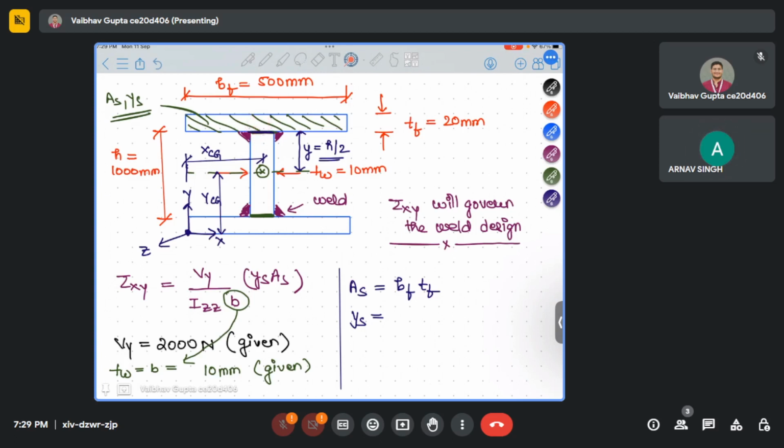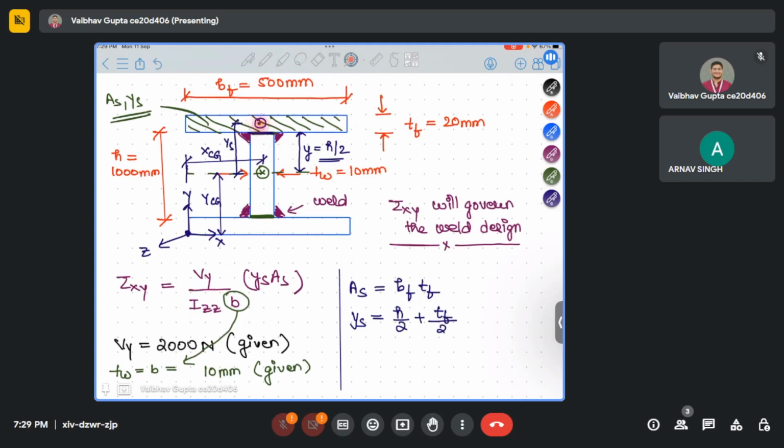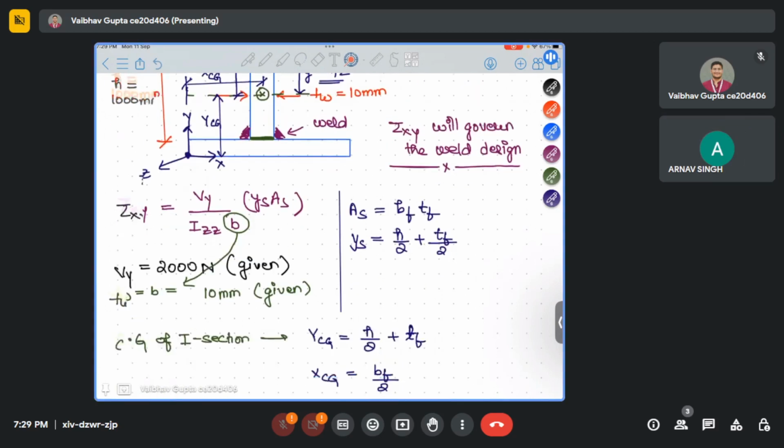Suppose the CG lies here, so the distance between these two is YS. It's nothing but H by 2 plus TF by 2, because the CG of the rectangle is half of the height TF. So YS will be H by 2 plus TF by 2.